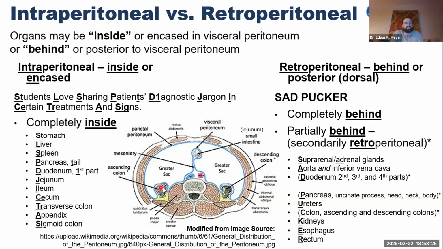So the visceral peritoneum touches part of their surfaces, but does not completely encase them, as we would see in intraperitoneal organs. At the same time, these structures are not completely behind the peritoneum with other structures or types of connective tissue, as an example, separating them from the visceral peritoneum.